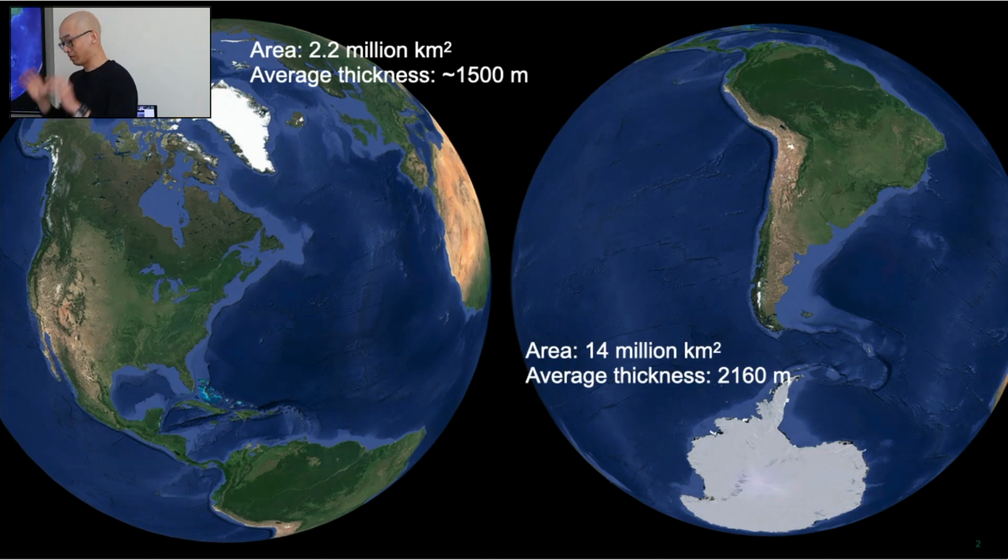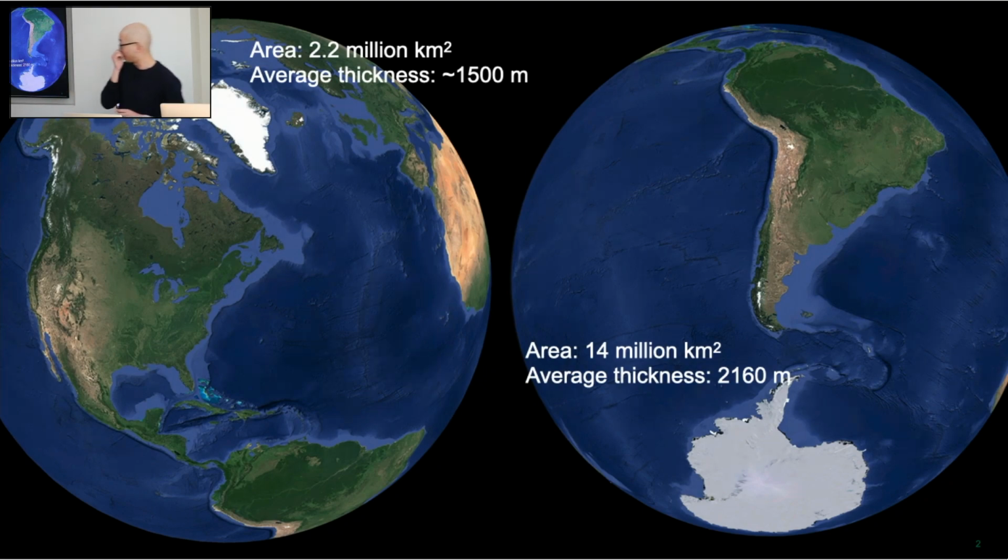To give you an idea how large they are, Antarctica is 14 million square kilometers, which is about 1.5 times larger than the United States. The average thickness is 2 kilometers. Greenland is slightly smaller, but still large.